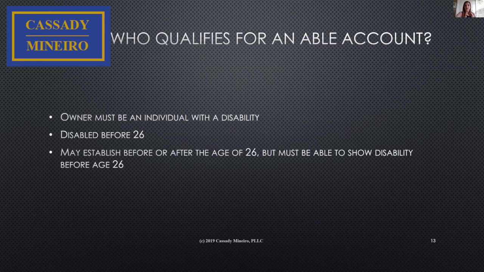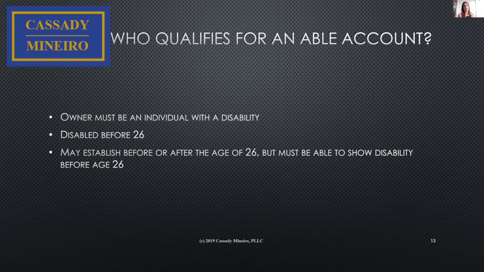Who qualifies for an ABLE account? The owner must be an individual with a disability. That disability is defined using Social Security's definition of disability. The individual needs to be disabled before the age of 26 and may establish before or after the age of 26, but you need to show that the disability started before the age of 26.